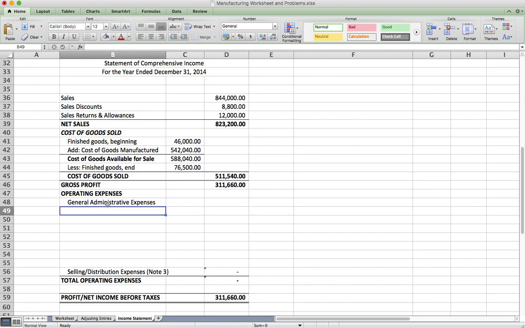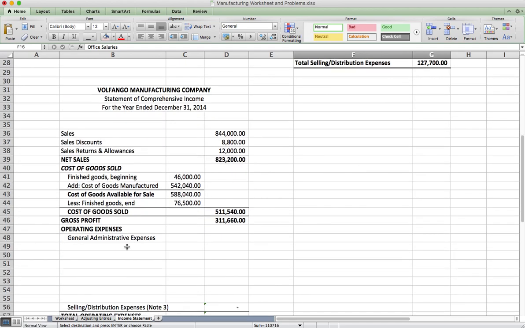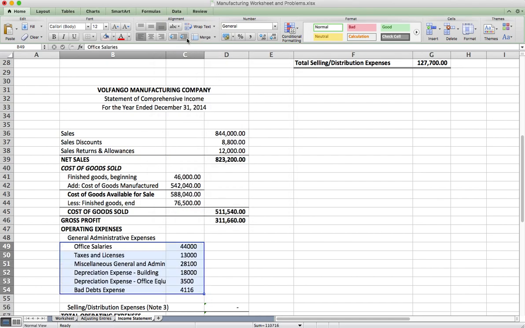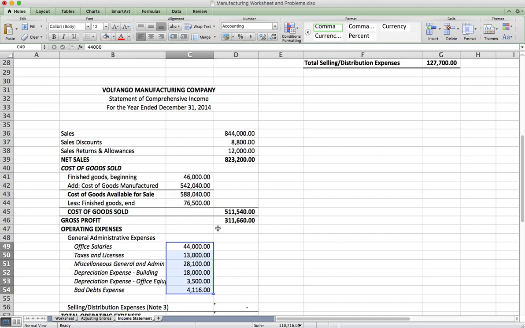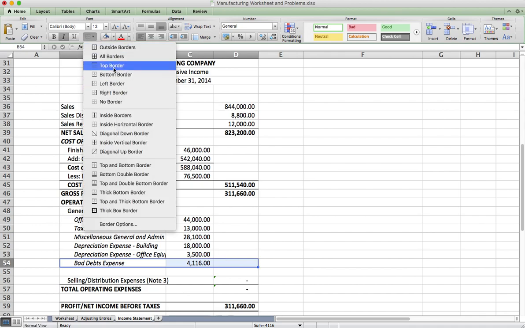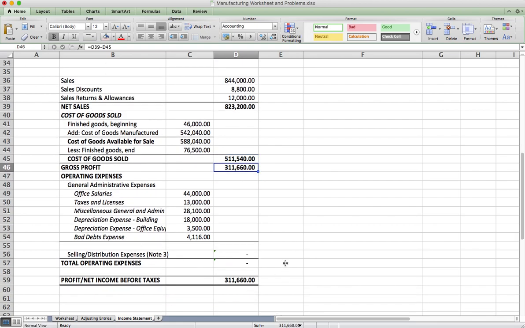Okay, you remove the notes. What are your general administrative expenses? Total ay, what is the total? Yan. Okay.